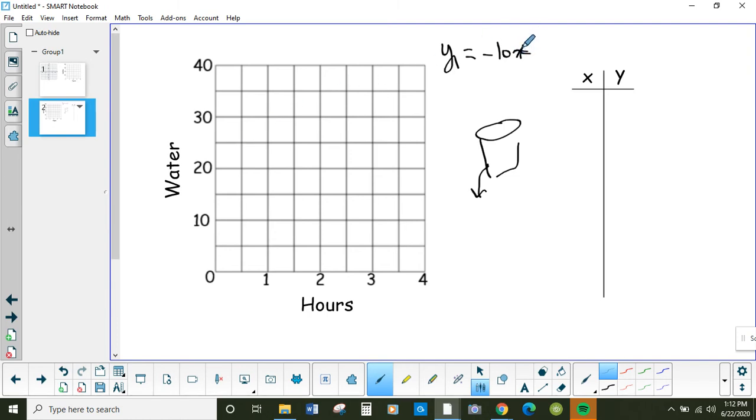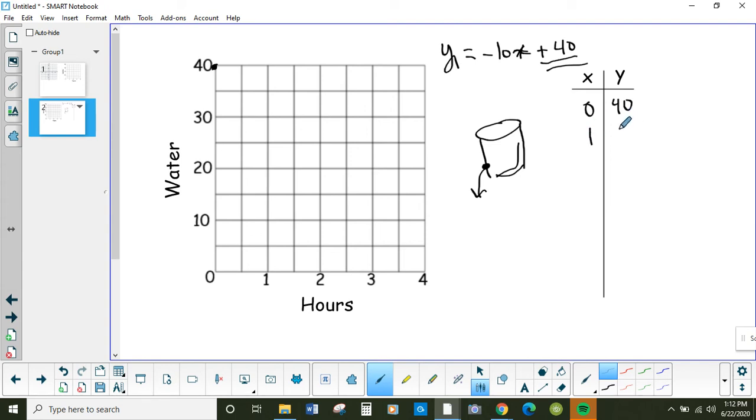Sorry about that. Okay, so if no time goes by, let's say that there's 40 gallons starting in the tank, that would mean we would start out with 40 gallons. Remember, our y-intercept is our starting point. It's this part right here, right? And so as no time goes by, there's 40 gallons. All of a sudden, let's say someone pokes a hole in this container here and water starts pouring out.